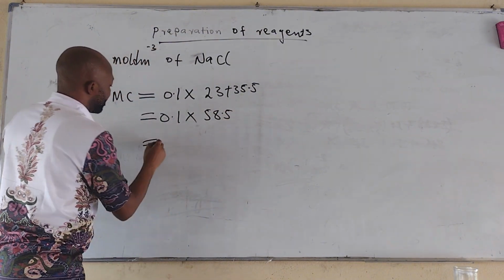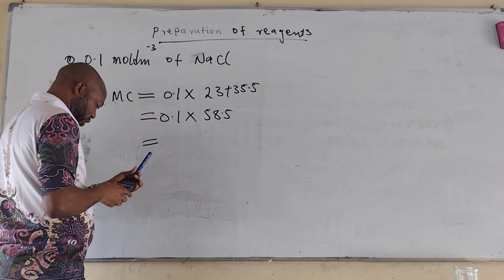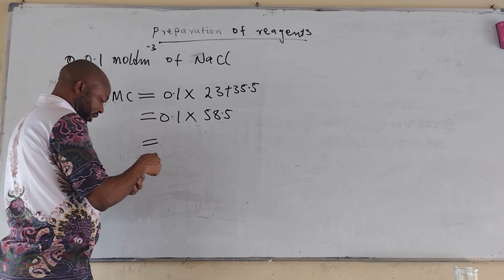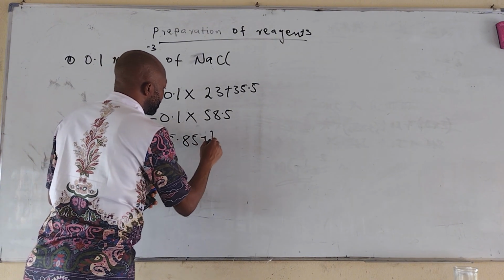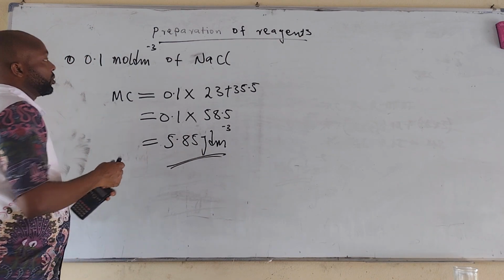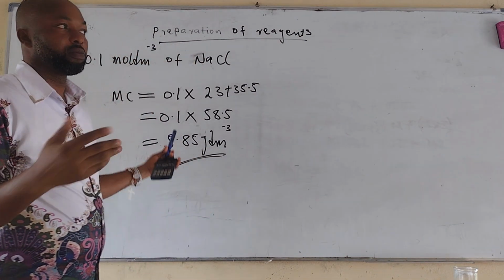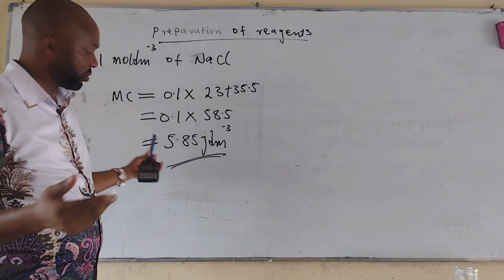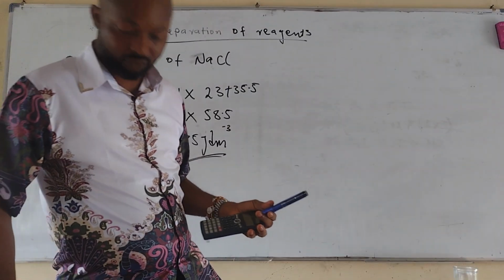When I multiply that by 0.1, I have 5.85 g/dm³. So this should be dissolved in 1000 ml of distilled water. You know what to do when you divide by 2, 4, and 8 respectively.